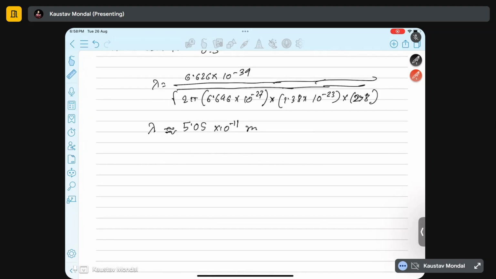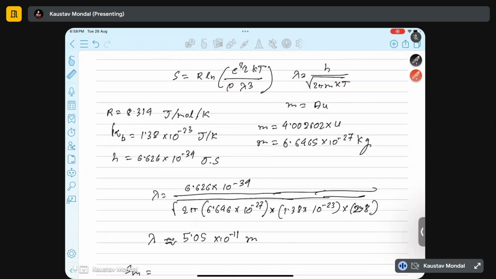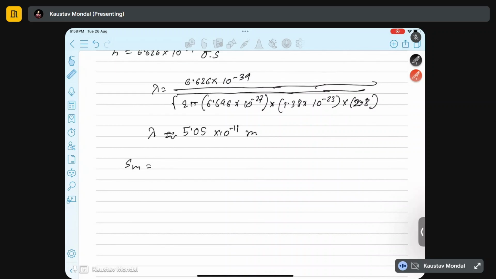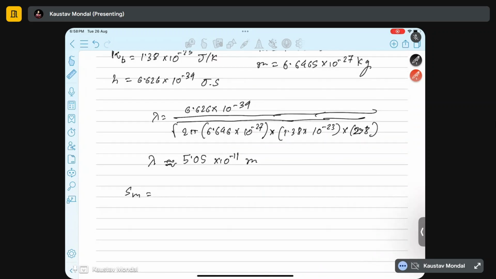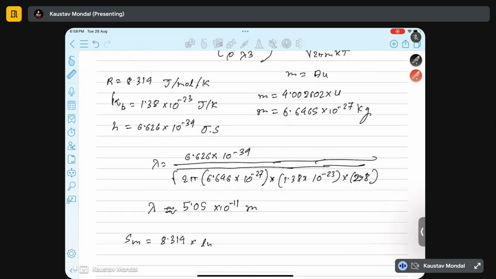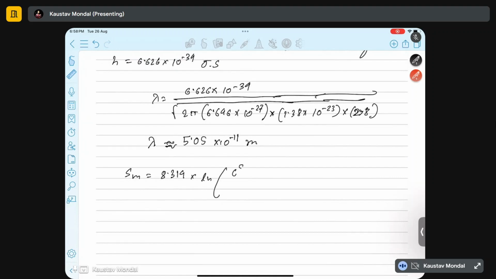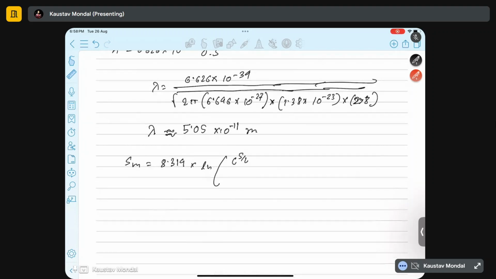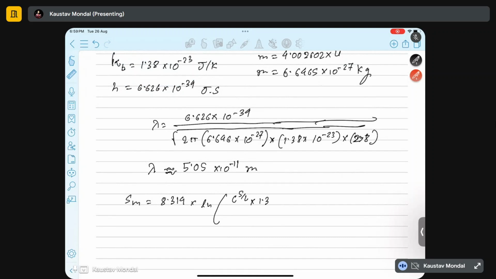So the expression of the entropy, let me write, Sm equals R, the ideal gas constant, which is 8.314, into ln of e to the power 5/2 into kT. k is the Boltzmann constant 1.38 into 10 to the minus 23, temperature is 298.